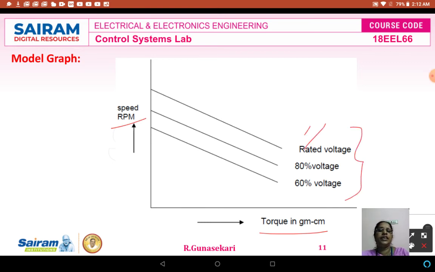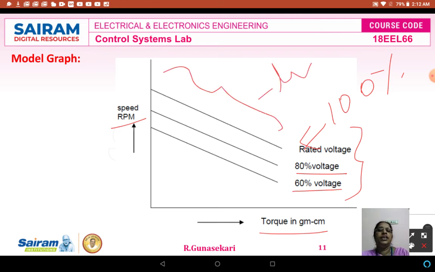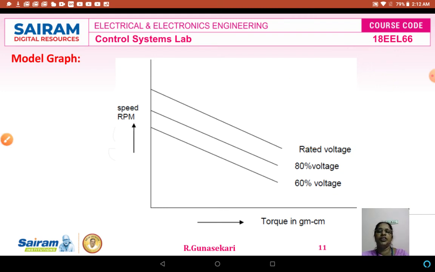This is the rated voltage, that is 100% of the control winding voltage. Then you can draw 80% and 60%. The shape of the curve is like this. This is a linear shape, the linear shape of speed torque characteristics. That is why it is used in control systems. Non-linear speed torque characteristics are not used in control systems.